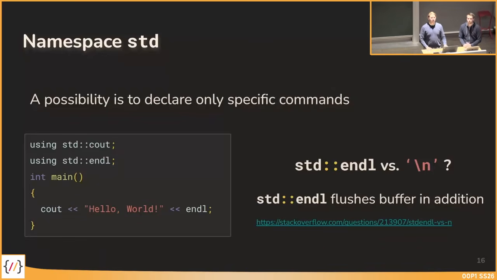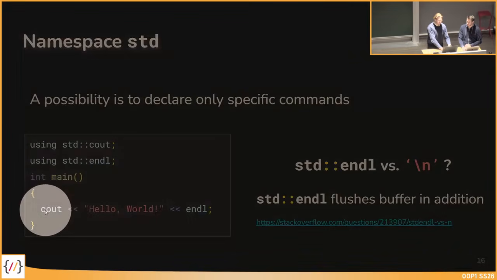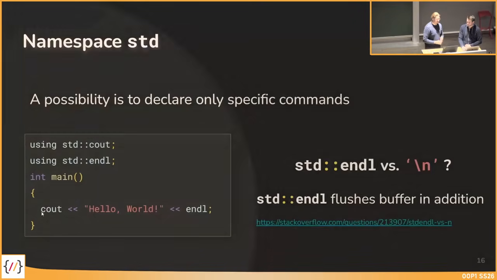But we could also use the using directive for specific objects. So instead of using namespace std, we could just write using std::cout, for example. And this now would work to just write cout instead of std::cout here. It's a bit shorter and more efficient to write.